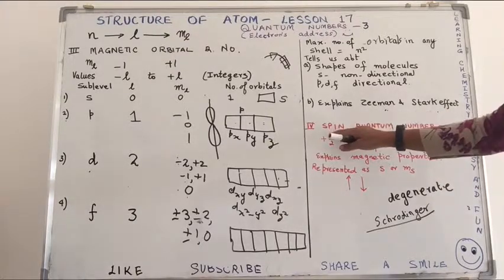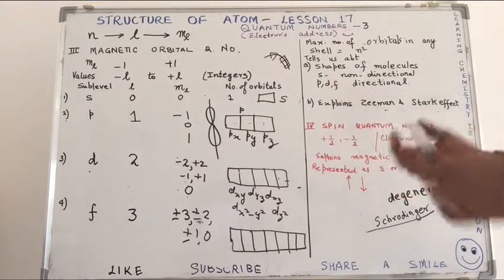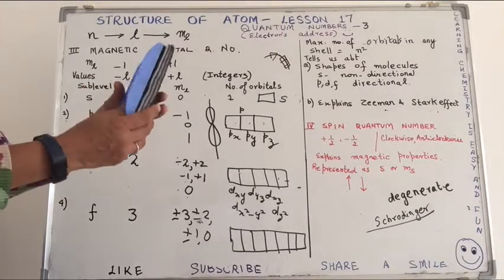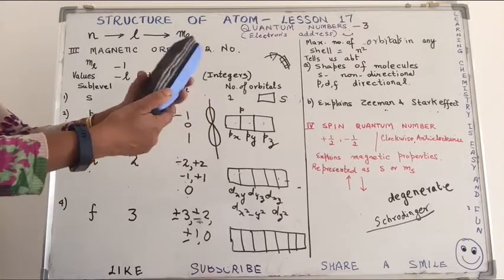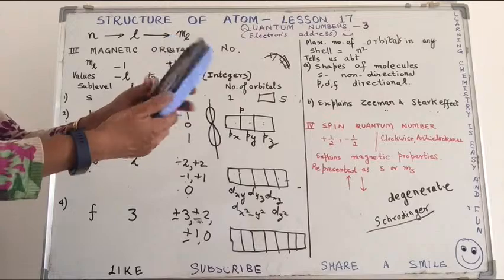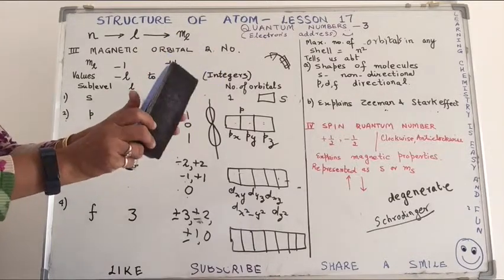What this observation says is that the electron in an atom, while it is moving around the nucleus, also spins on its axis. It can either spin clockwise or anti-clockwise.